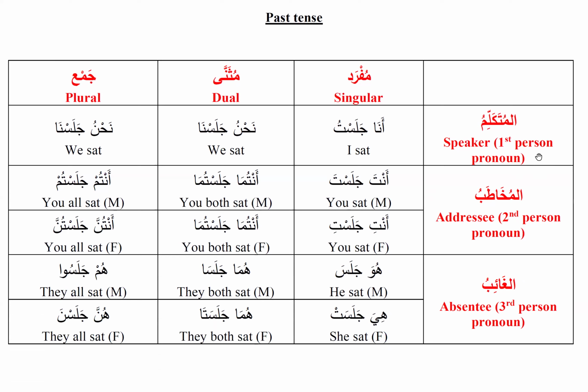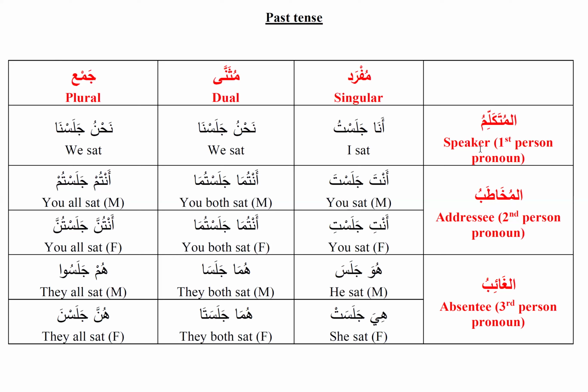In Arabic we say, for first person al-mutakallim, for second person al-mukhatab, and for third person al-ghaib. And all of these are divided into three: mufrad, muthanna and jam', singular, dual and plural.